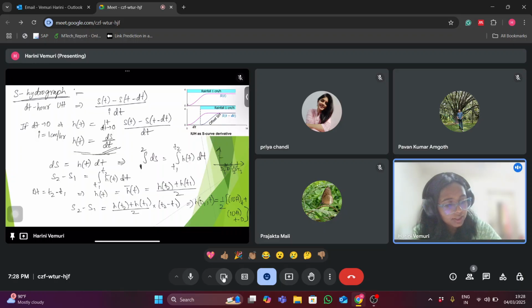We will see the percentage of runoff that is occurring in the T1 interval, and between T1 and T2, how much percentage of runoff is occurring.